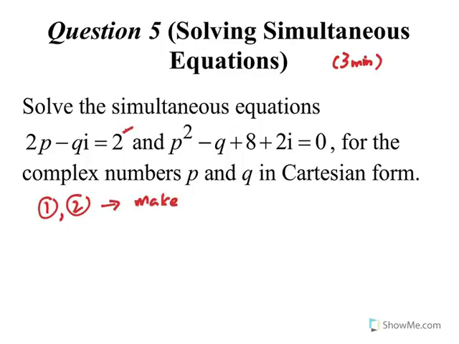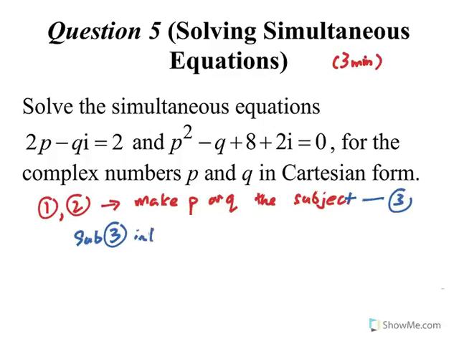Maybe you make P the subject or Q the subject, then you call it equation 3. After that you substitute 3 into 1, or if you used 1 first, use the other one, and then you might end up with a quadratic equation.